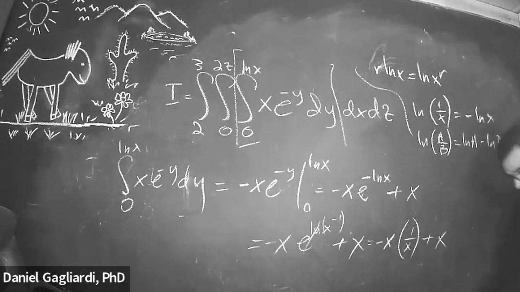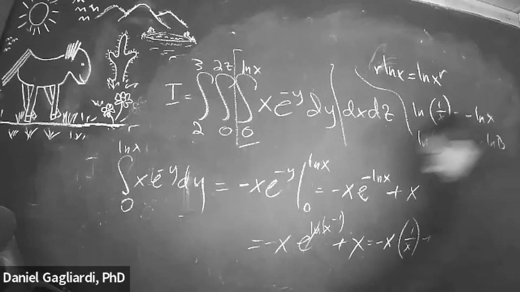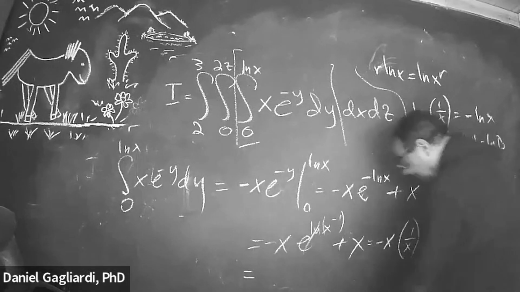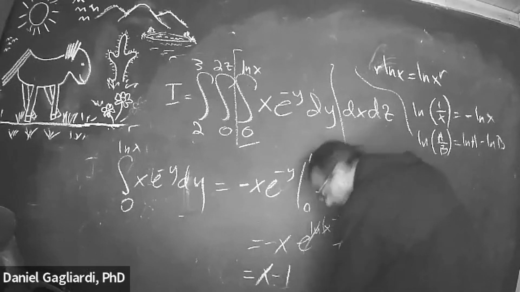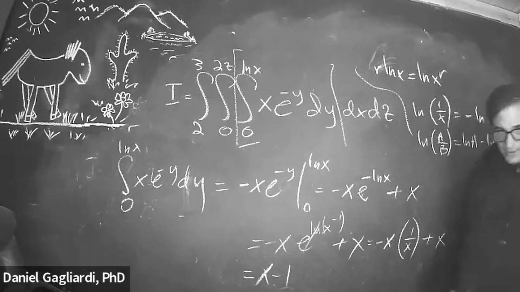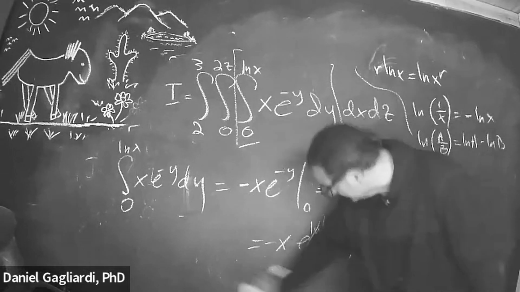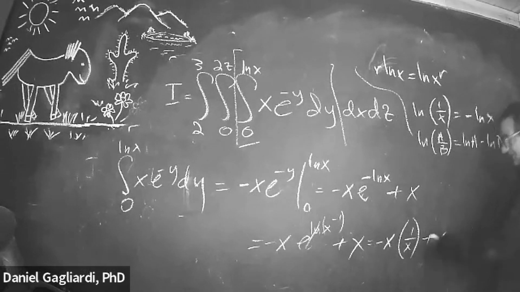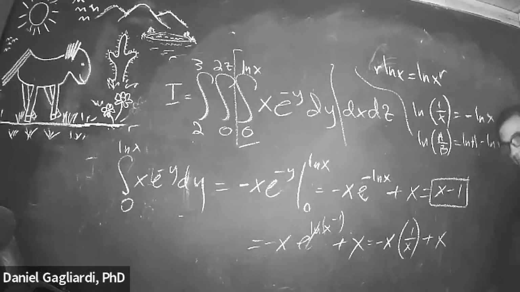Of course, these now cancel in turn, and you just get -1. So this integral evaluates to x minus 1, all right? Okay, and that's not visible. So up here we go, x minus 1. That's what the inside integral evaluates to.